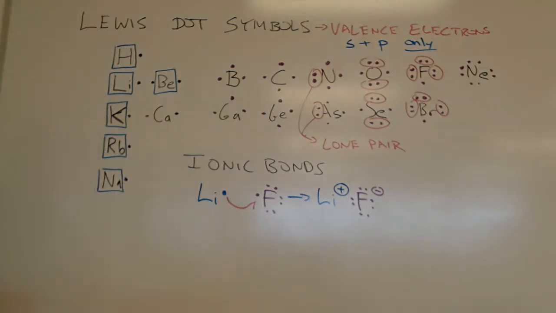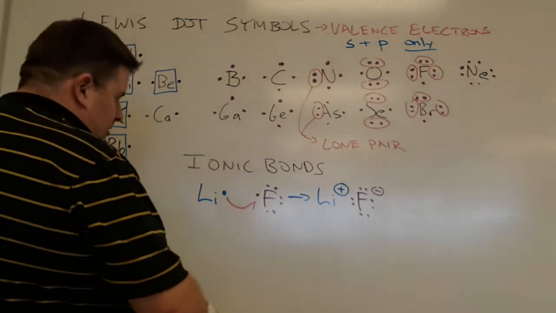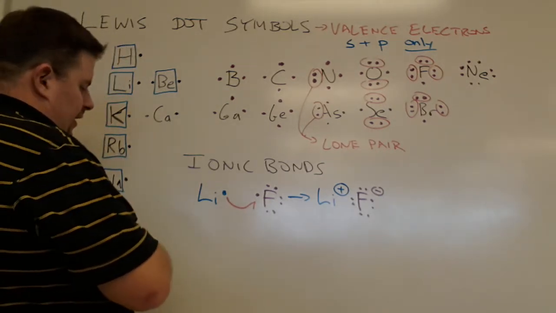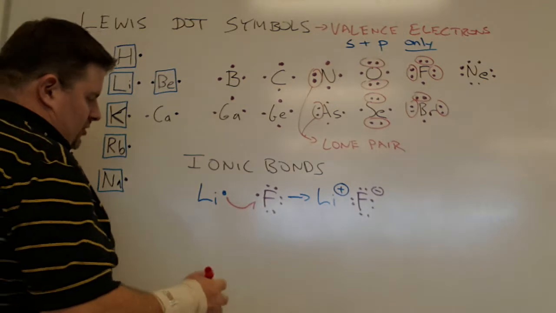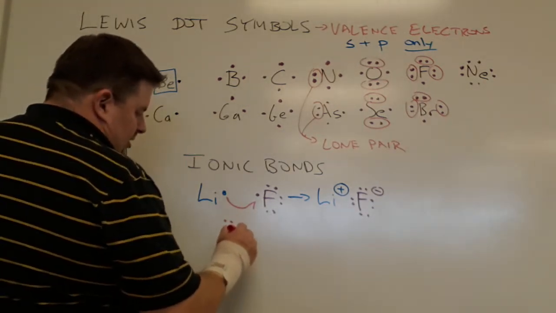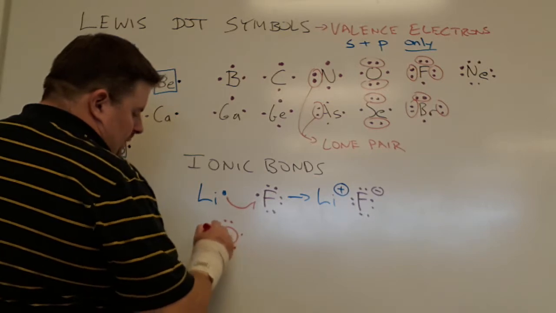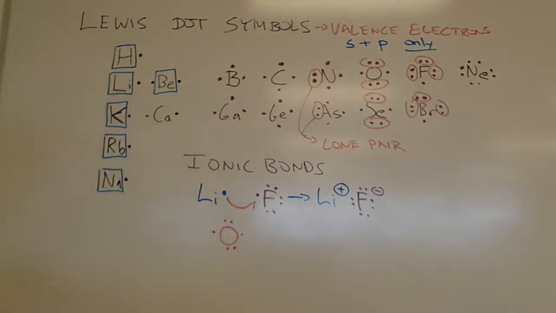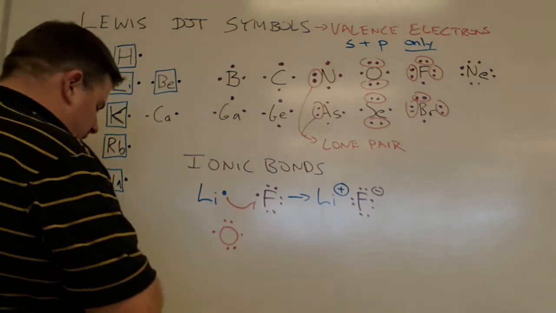All right. So what about if I had oxygen and I was sticking 2 sodiums on it? All right, so here's oxygen. When I put 2 sodiums on that thing, what's going to happen?